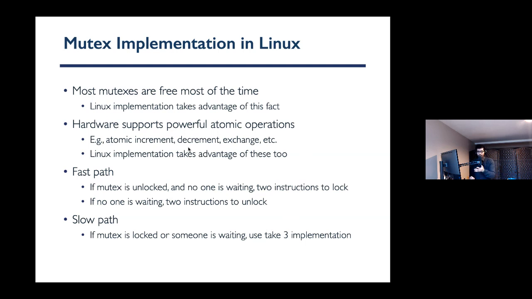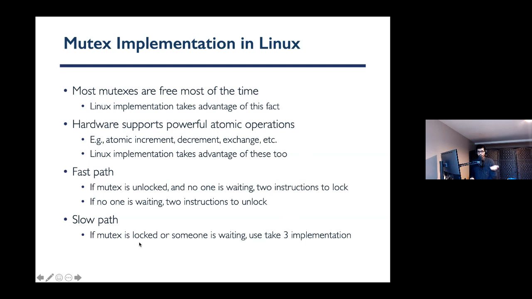So this is the fast path, which usually will be the case. Usually the mutex is free. So with 2-3 instructions, Linux locks the mutex and lets the thread go. However, if the mutex is locked, so we are unlucky, then we go to the slow path, which is basically what we just talked about so far.